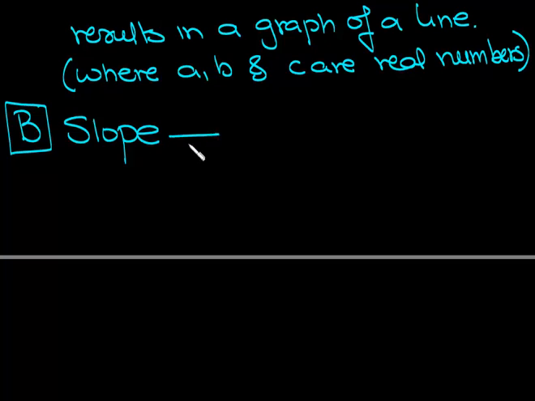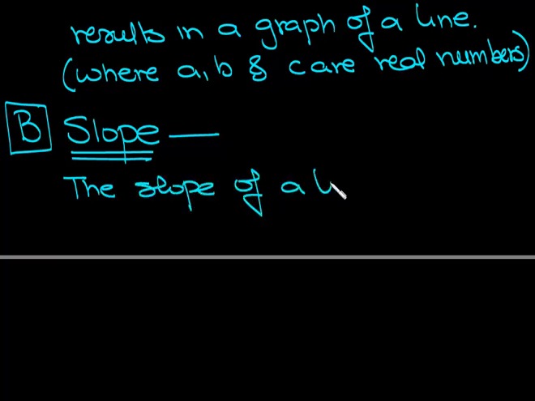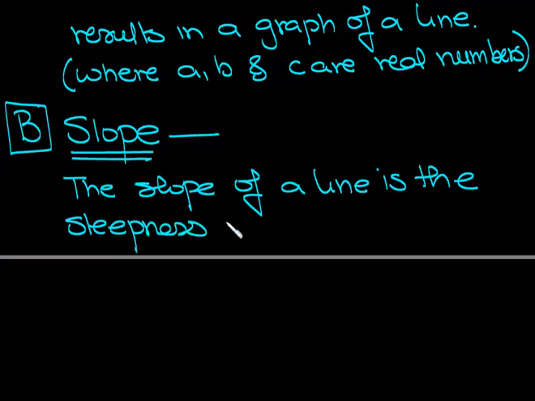Anytime you talk about lines, you're going to have to deal with something called slope. So what is slope? The slope of a line is the steepness of a line.